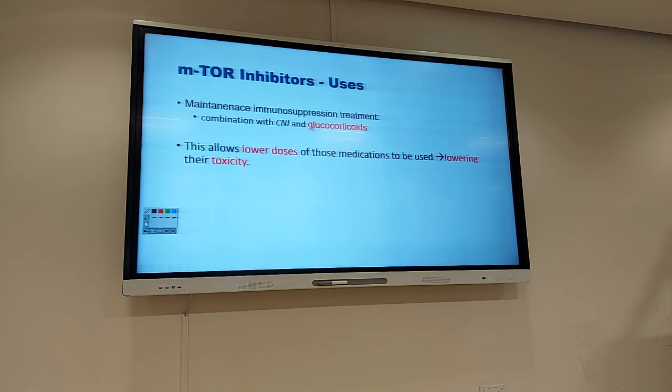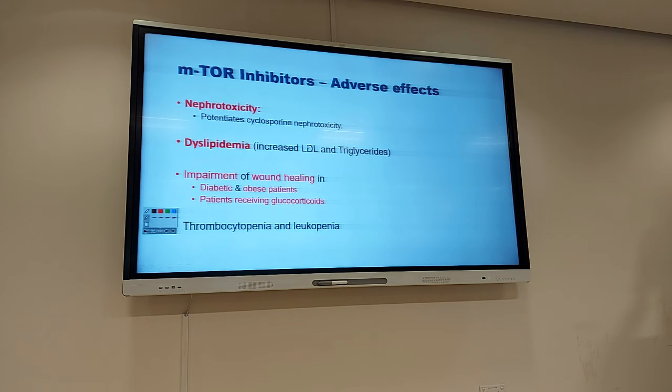It is used in maintenance therapy, but it's combined with the calcineurin inhibitors and glucocorticoids. This allows lower doses of those medications to be used to lower their toxicity. What you need to understand is that when we use CNI with the mTOR inhibitor, we can't use cyclosporine because this potentiates the nephrotoxicity, but we can combine tacrolimus and sirolimus together with corticosteroid, but not with cyclosporine.